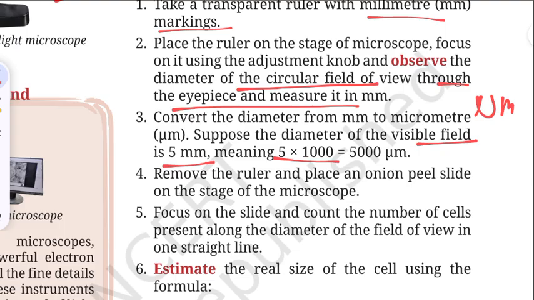Then don't forget to put the unit. In your examinations, this can come: if the diameter of the visible field is, let's say, 7 millimeter, what is the value in micrometer? Some people might write 7,000, which is correct, but you need to write the unit as well. Without showing the unit, no marks will be given. Fine.